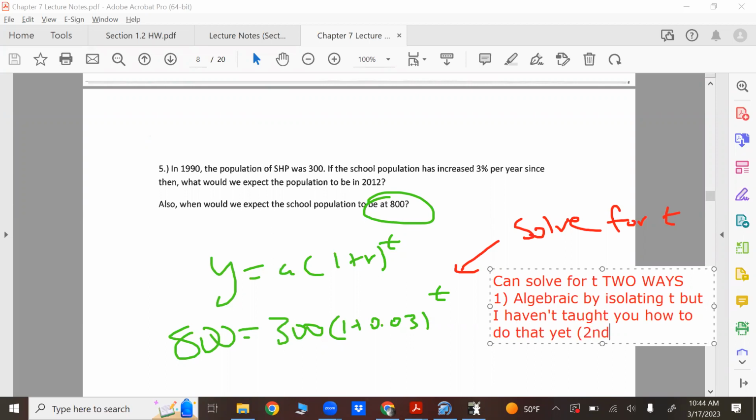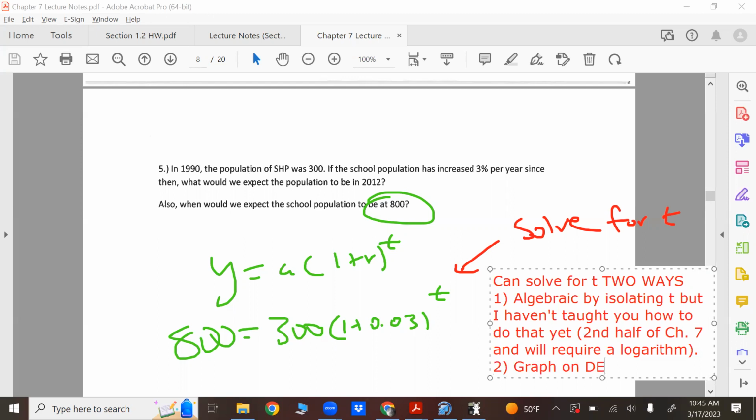That will be the second half of chapter 7, and will require a log. This is something you haven't learned yet. Logarithms is the second half of this unit. It's probably one of the most important things we do this year. We're not ready for that yet. I might introduce you in Spirit Week, but definitely after Spirit Week, we'll talk about it. You're going to get a deeper understanding of it. Or you can graph on Desmos or a graphing calculator.